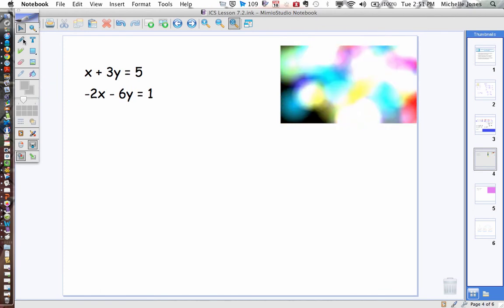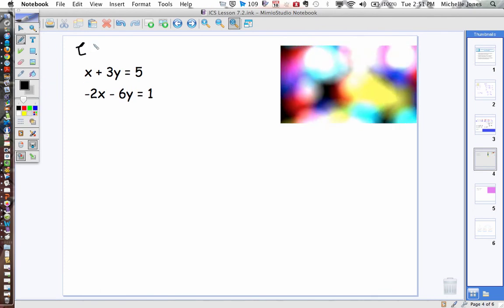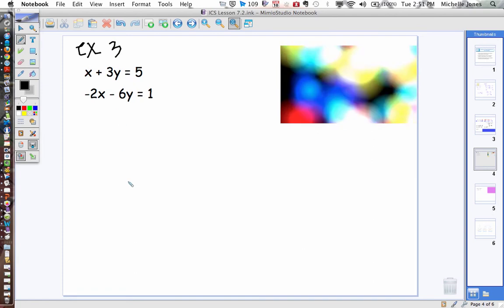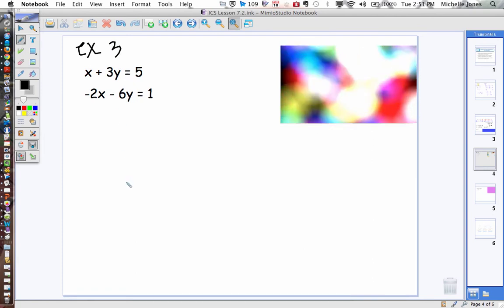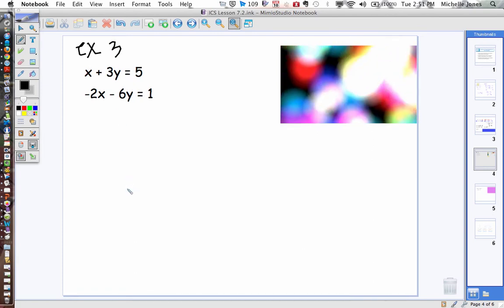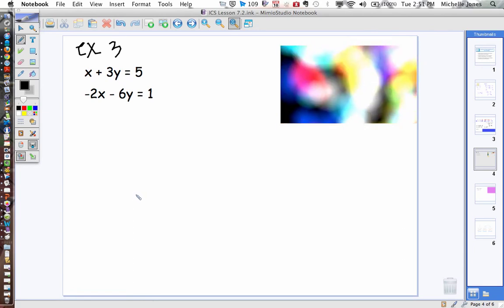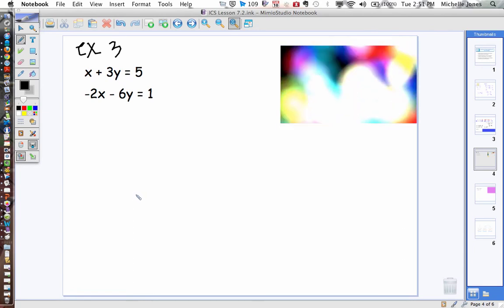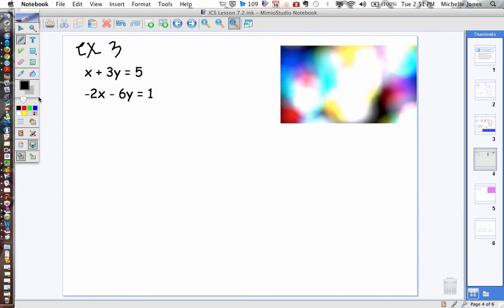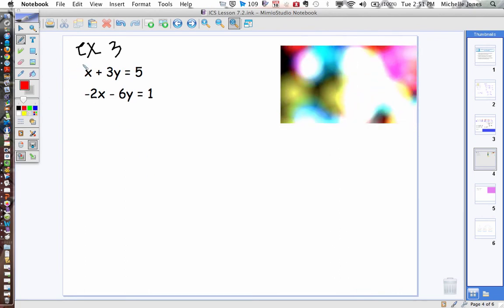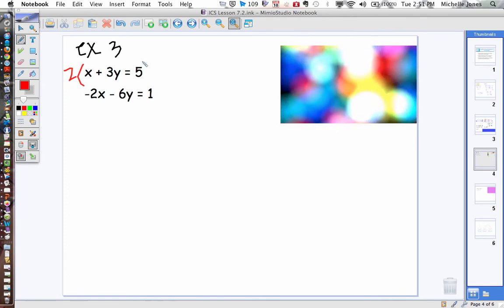All right, let's try another one. So this would be your third example. Here you have x plus 3y equals 5 and negative 2x minus 6y equals 1. What do you think you would multiply the first equation by so that it would cancel? How about 2?